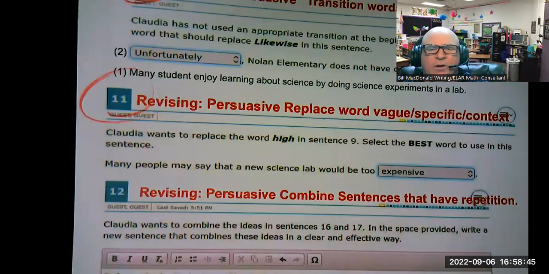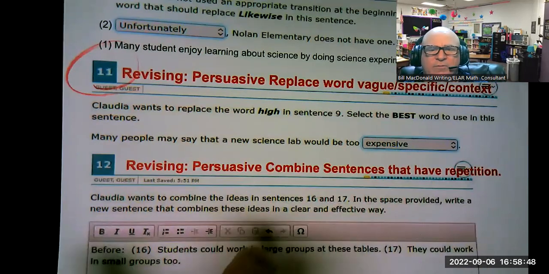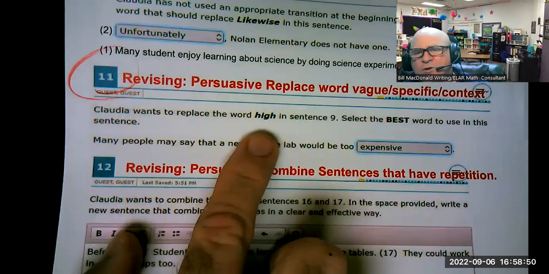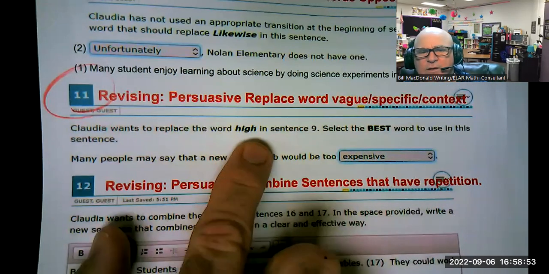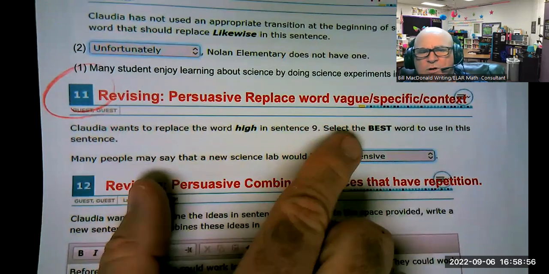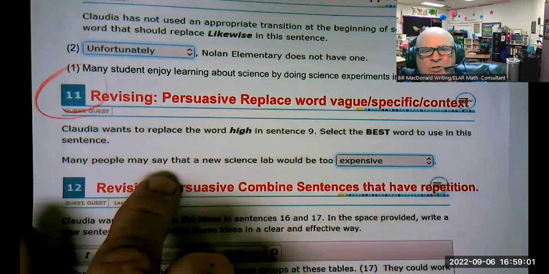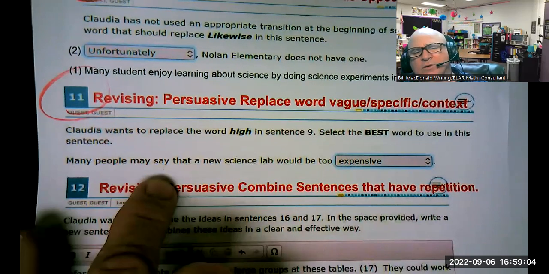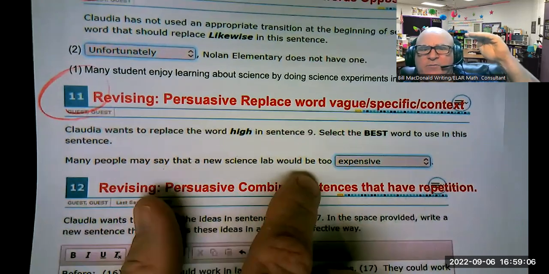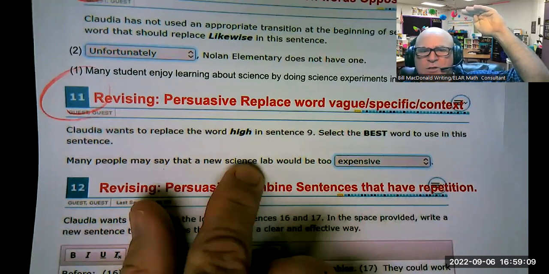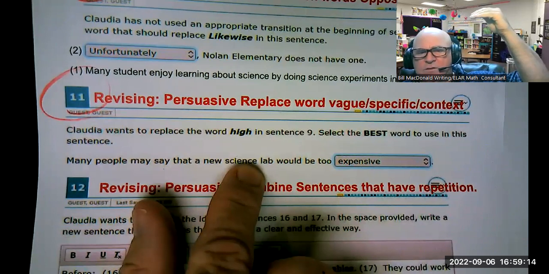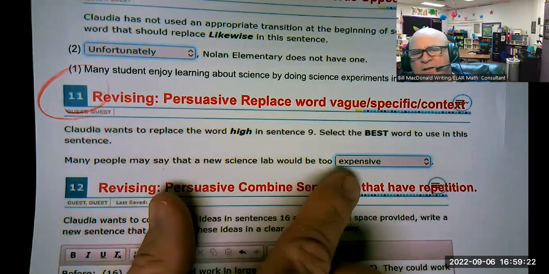11. Claudia wants to replace the word high because it's too vague and replace vague with more specific or one in context. In sentence 9, select the best word to use in the sentence. Many people may say that a science lab would be too high. And since they weren't talking about its vertical measurement, they were talking about the cost, the expense of making a science lab, we would use the word expensive if the expense would be too high.